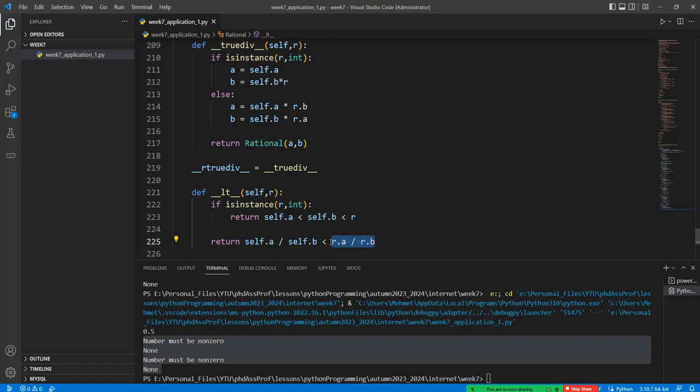If the right hand side value is greater than this term, this returns the true value. Okay, and so with the same analogy we can derive other functions in here.